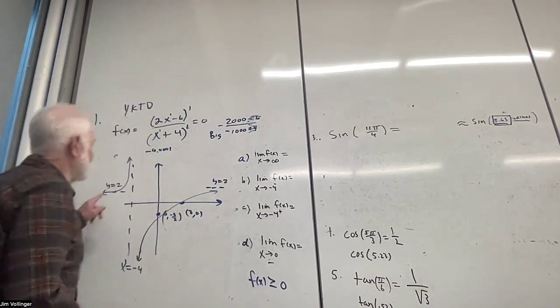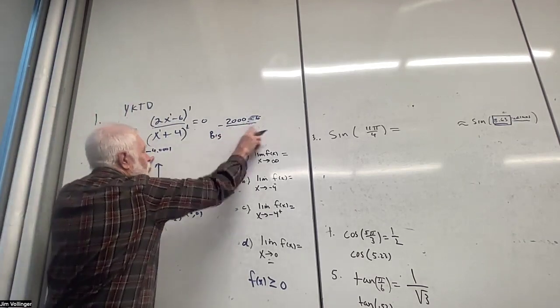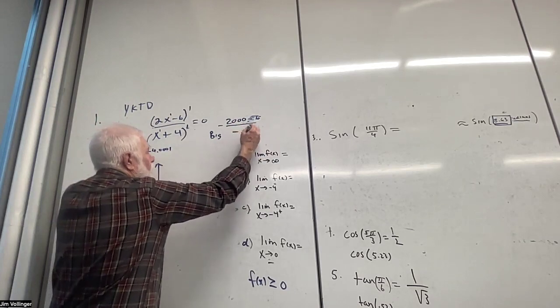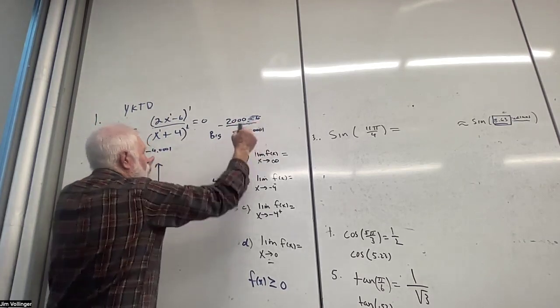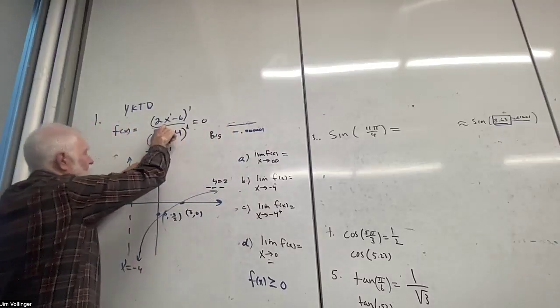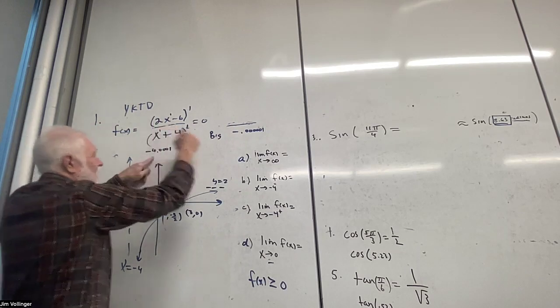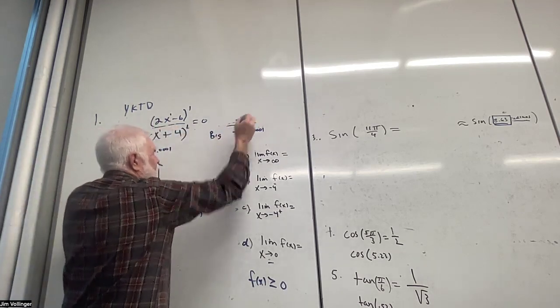So from a numerical standpoint, when I drop in negative 4.001, I get a negative 0.0000, I don't know how many zeros, but I get a bunch of them. And when I put in negative 4.001, I think I can approximate: negative 8 minus 6 is negative 14.